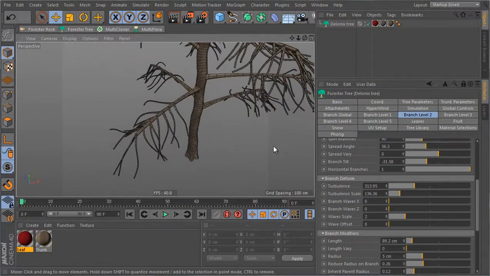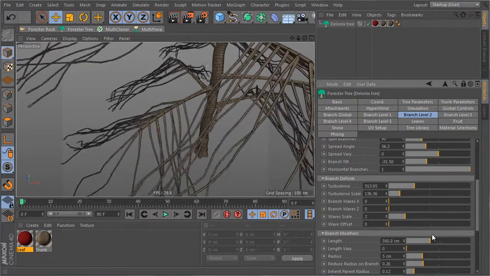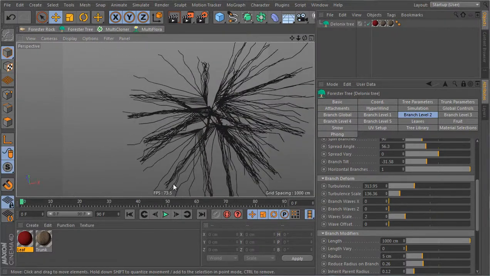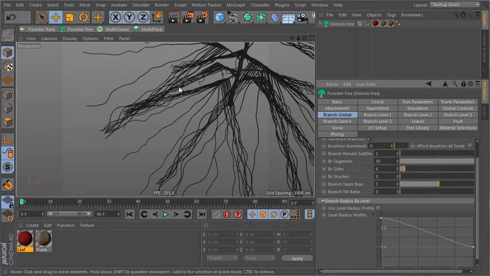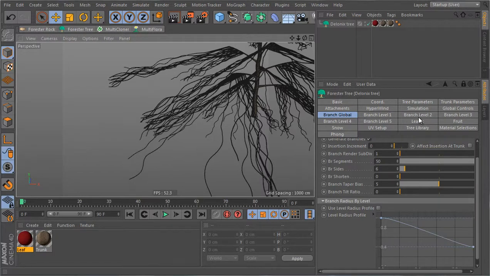The next parameter is the length of the branch, which you can increase and decrease. If you do increase it though, don't forget to increase the branch segment count to get smoother branch meshing.